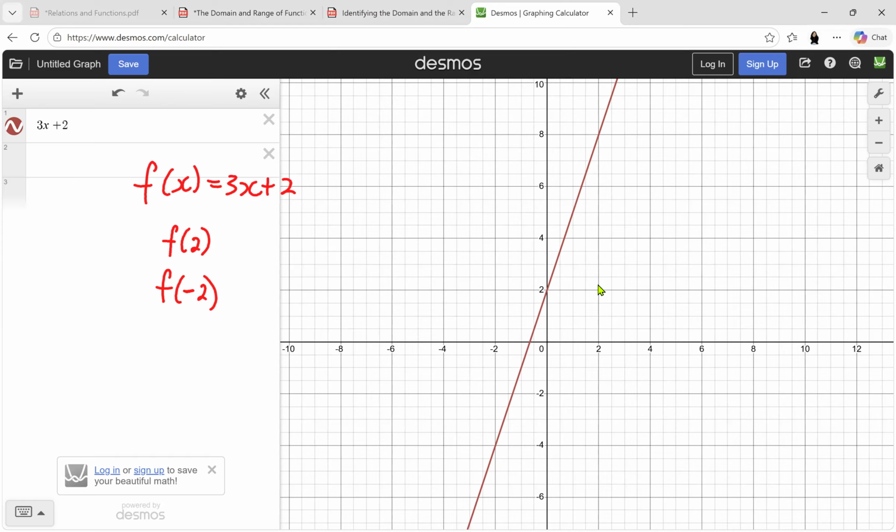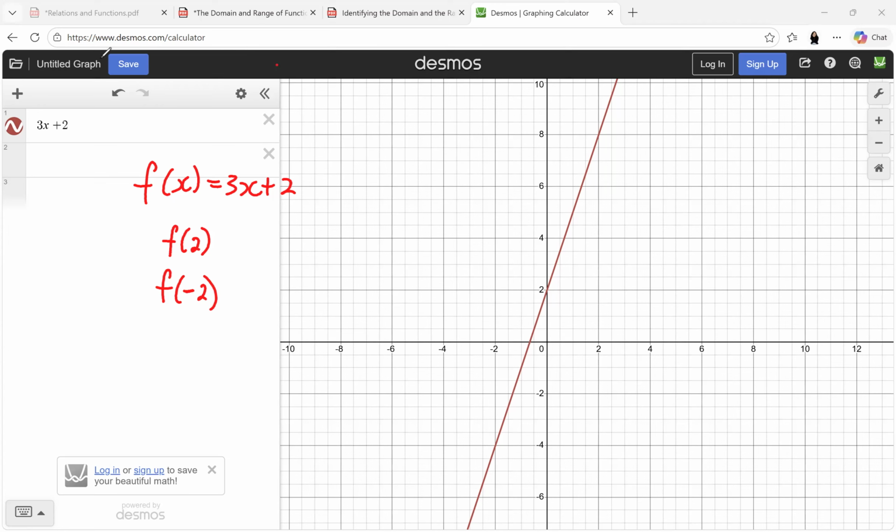Yeah. What's the value of f of 2? What do you mean by that? I mean, what is the corresponding value? So f of 2 means I want to know the value of the function when x is equal to 2. I'm kind of lost here.